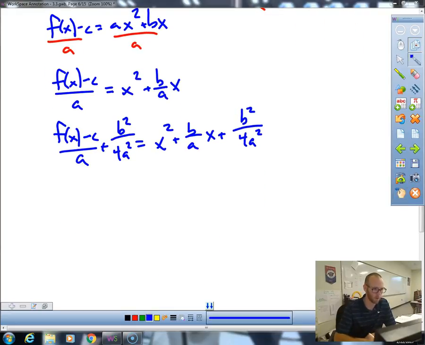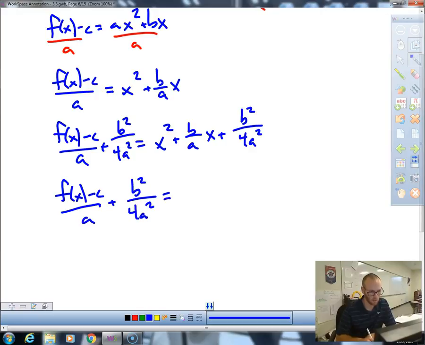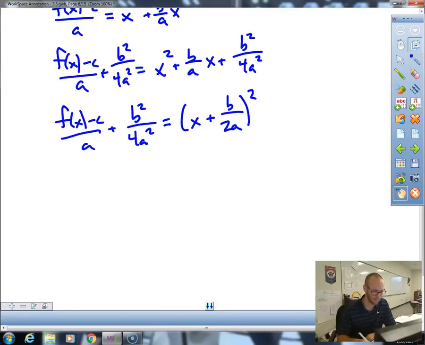All right, let's keep going. This factors to be x plus b over 2a squared. Okay. Now I'm going to subtract this over. I'm going to multiply by a. I'm going to add c.